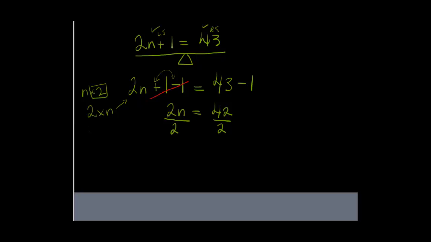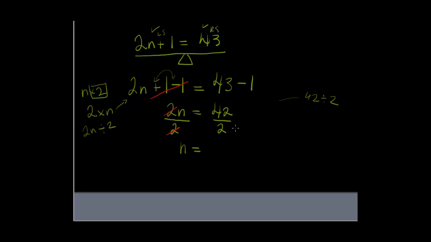Now, you could write this out as 2n divided by 2, and over here 42 divided by 2. It doesn't really matter, except that it saves a little bit of space. Obviously, these cancel each other out, so now I'm left with n is equal to 42 divided by 2.